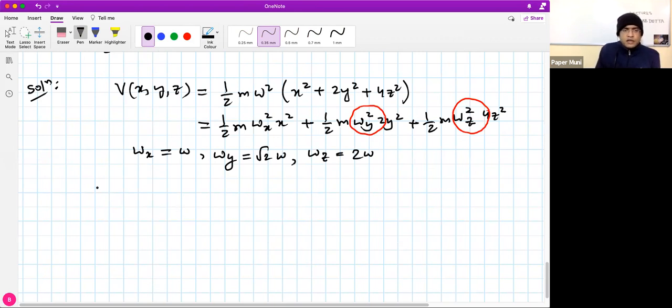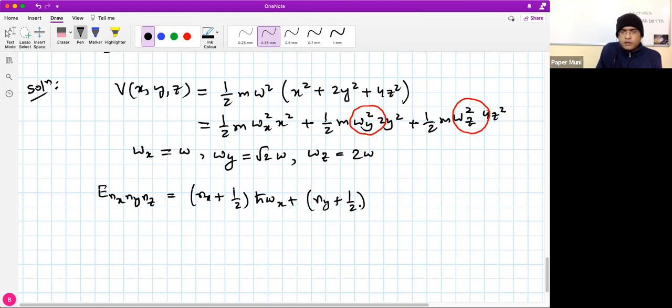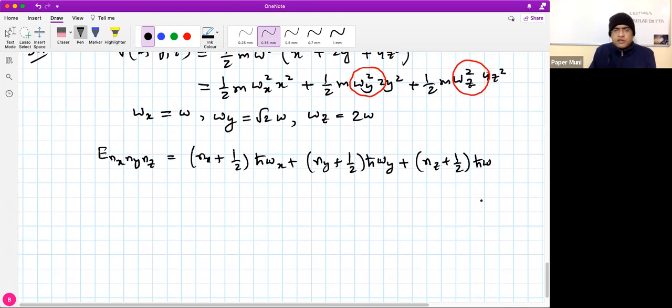Now if you want to calculate the energy, what will we get? Now this is E of nx, ny, nz is equal to nx plus half h cross omega x plus ny plus half h cross omega y plus nz plus half h cross omega z. This is the energy given to you, right?